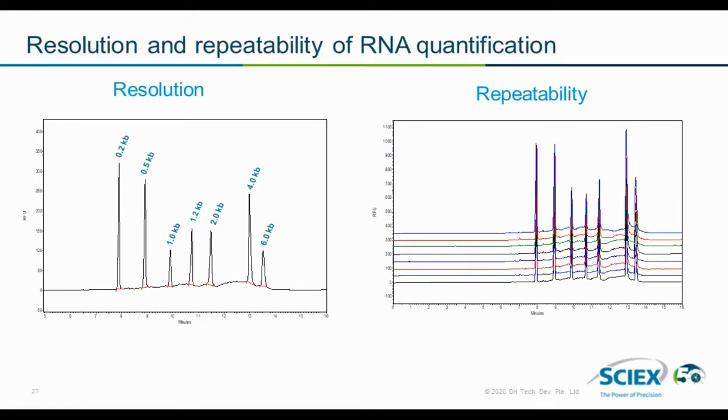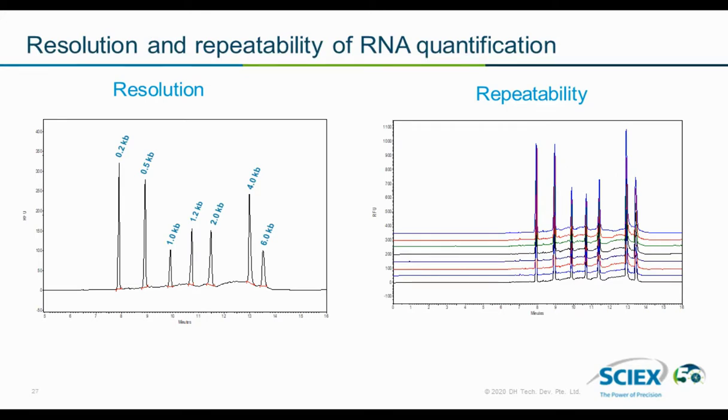On this slide, we show some examples of the resolution you get, using commercial ladders. These are ladders you can buy from companies like Thermo Fisher. On the far left-hand side of the first example, you'll see the separation of a commercial ladder, bought in, running from 0.2 kilobases up to, I think, 6 kilobases of RNA.